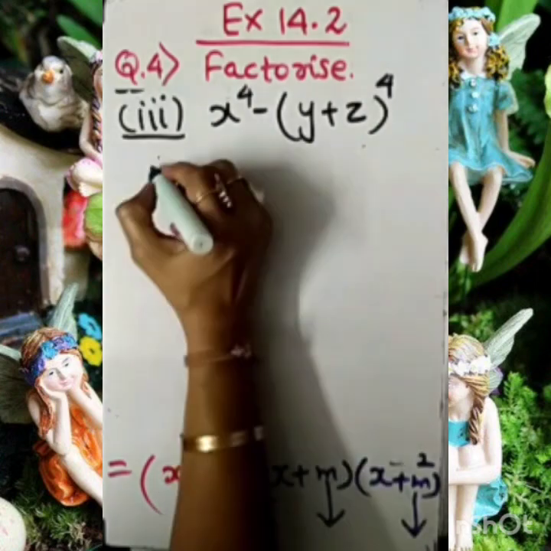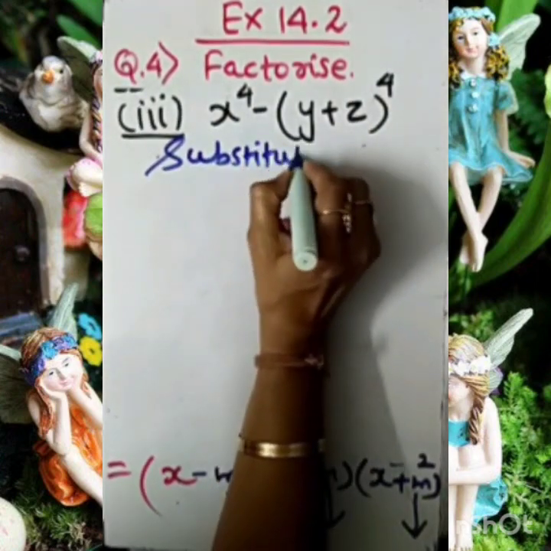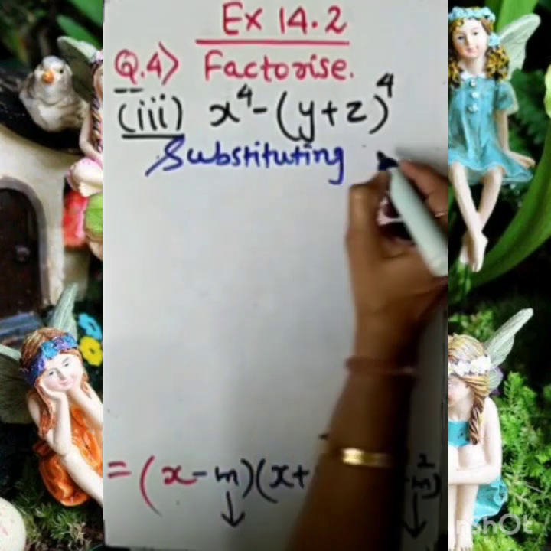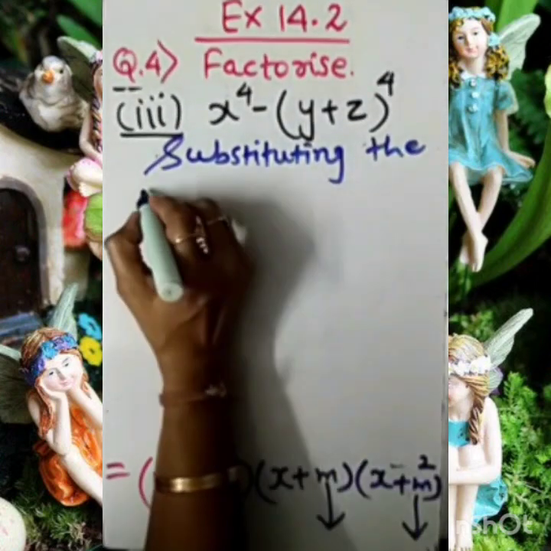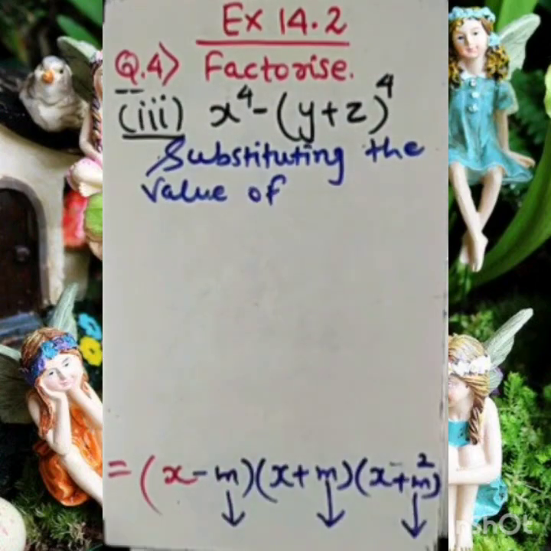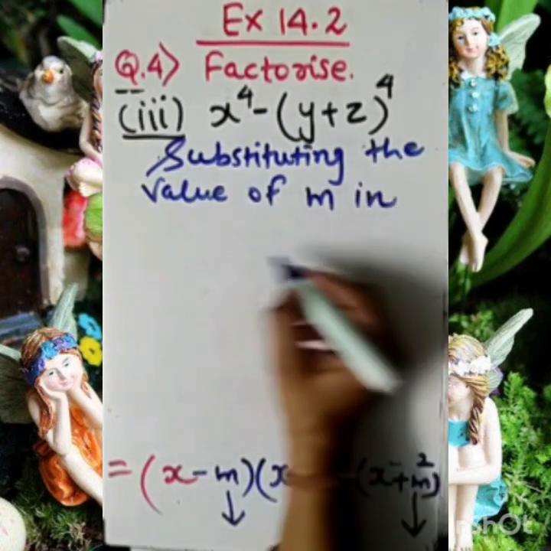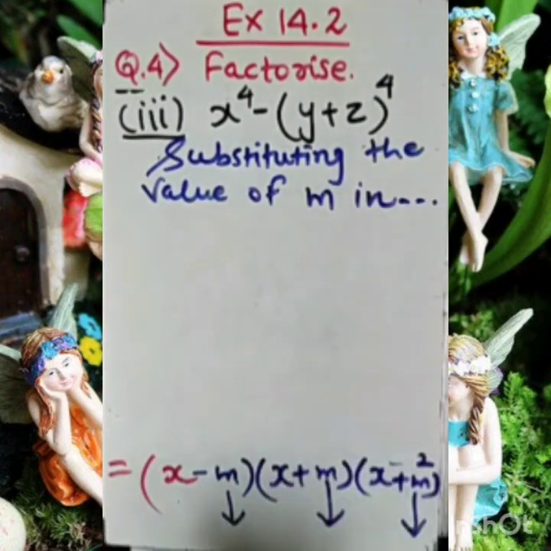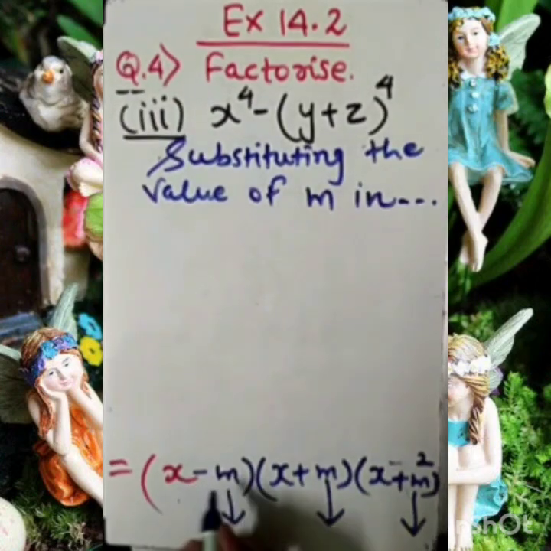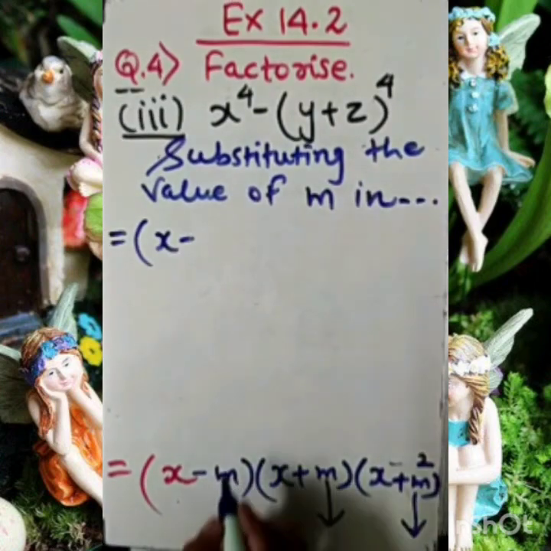Now substituting the value of m in the given expression. Here x minus m is there. What we have assumed for m means y plus z.